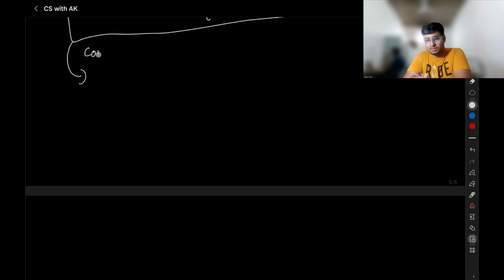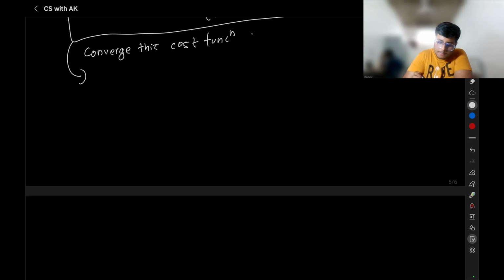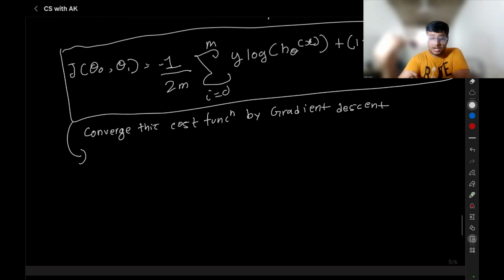Converge this cost function by gradient descent. So now we are going to run the gradient descent algorithm on this cost function.